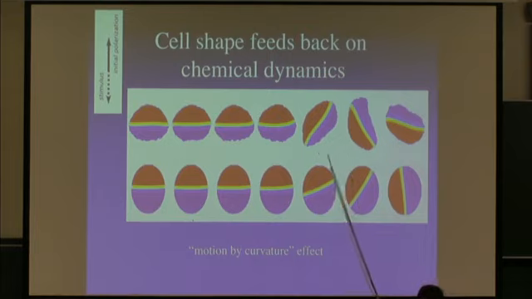Now, why is it happening? Well, briefly, it's happening because at the boundary of the cell, the contours of equal concentration have to meet the boundary at 90 degrees. That's something that you can show from the no-flux boundary conditions. And so the fact that the shape changes means that these little pieces of the chemical contours have to keep up with the edge.